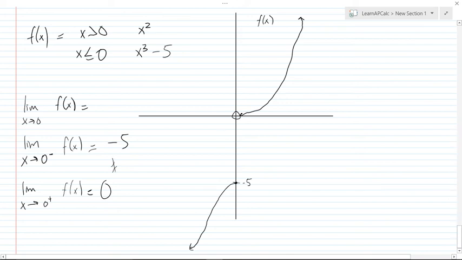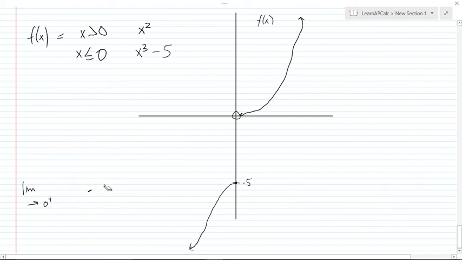So a lot of times on the AP test, they'll tell you to prove that a limit does not exist. So this would be a really good way to do it. I'll erase this and do this step by step. So we're going to prove that the limit as x goes to 0 of f of x does not exist.